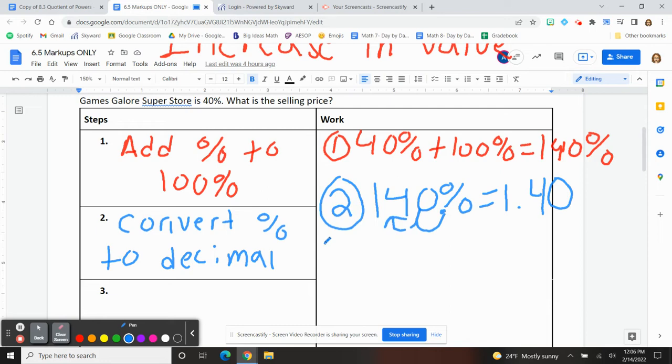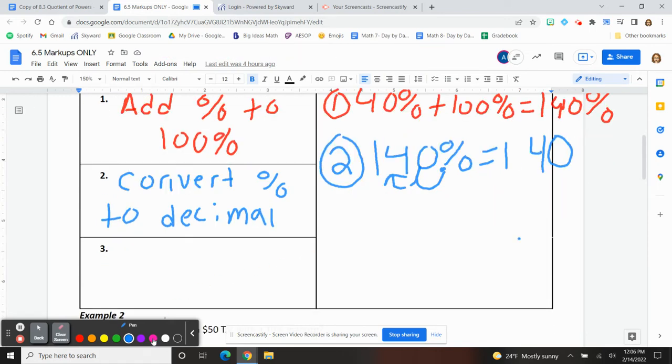You can just leave it as 1.4 or 1.40, either is fine. And then finally, our step three is just like how from our discount practice problems, we multiply the decimal by the original value.